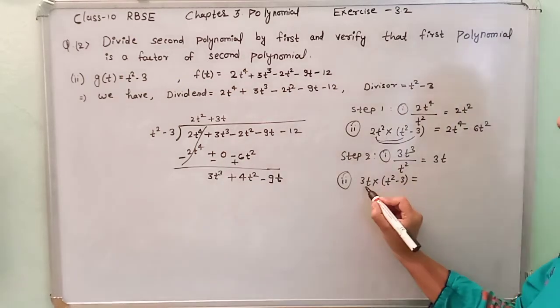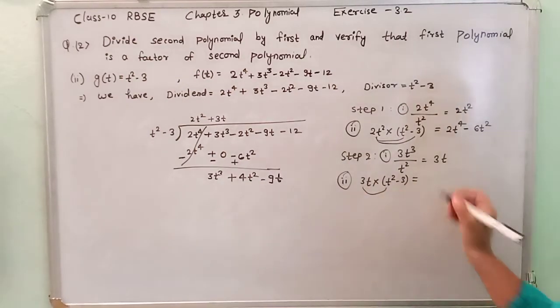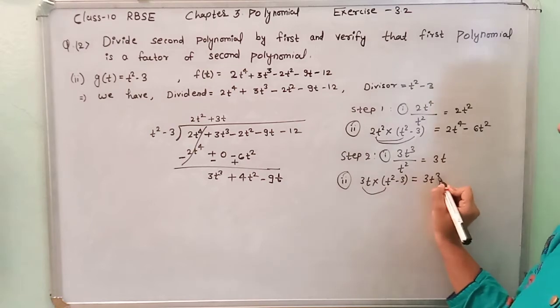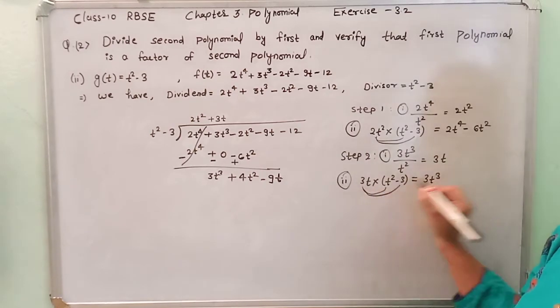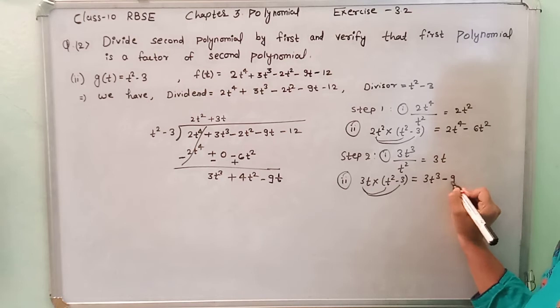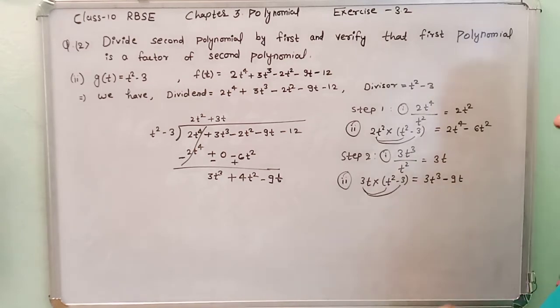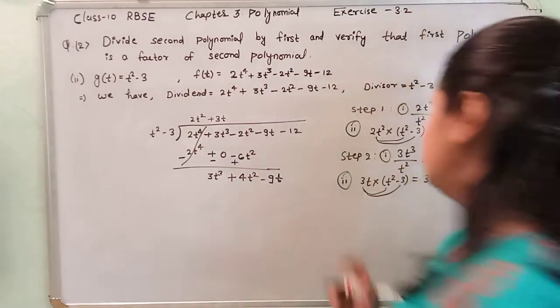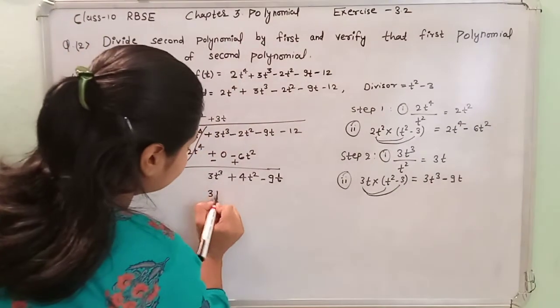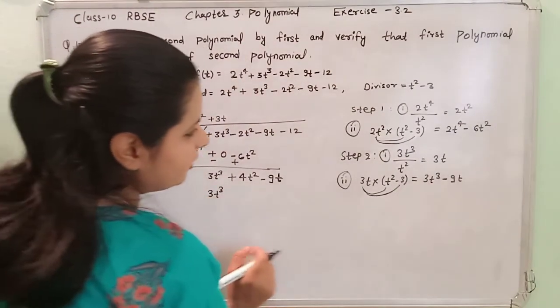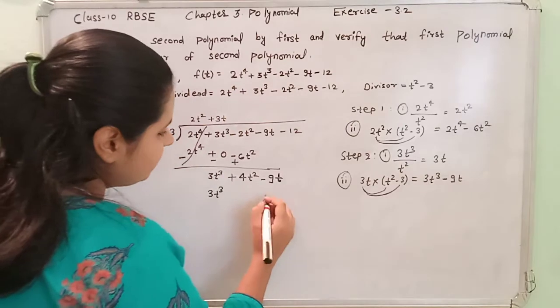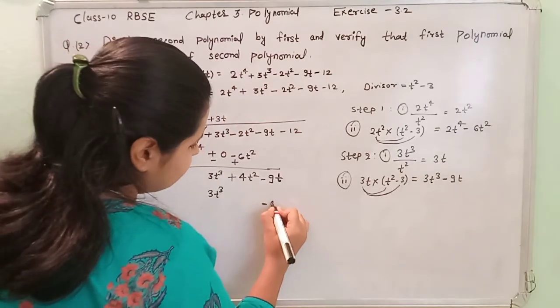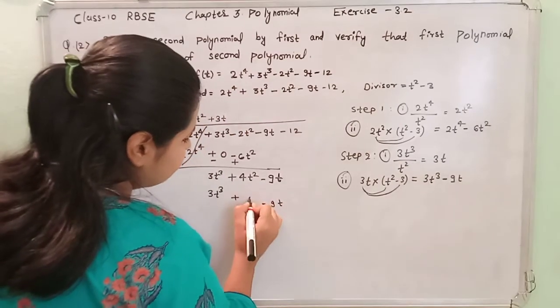So 3t multiplied by t square will be 3t cube. 3t multiplied by minus 3 will be minus 9t. Fine. Now this we will write here. So we have 3t cube, and we have the term with the variable only t, so 9t. Now here we will put 0.